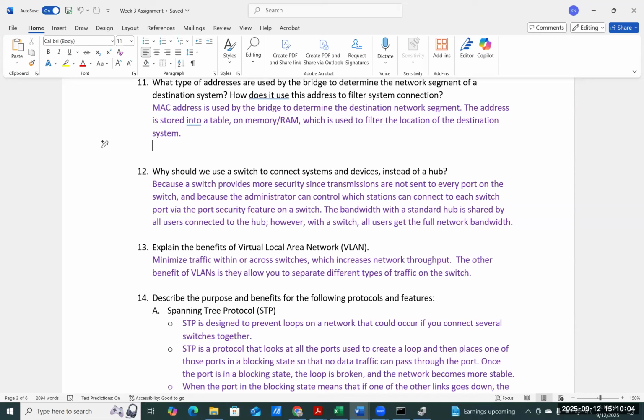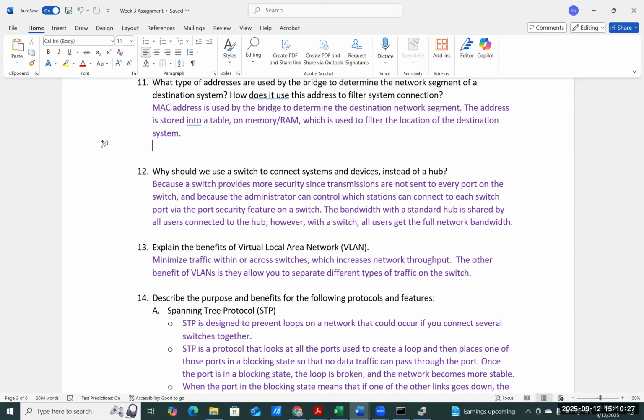So a virtual LAN can be used mostly for security or to be able to do administration in an easier way. And we can do this to reduce traffic across many switches, right? Which ultimately uses up a lot of the bandwidth.